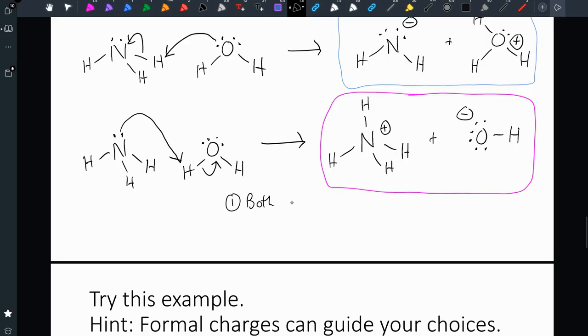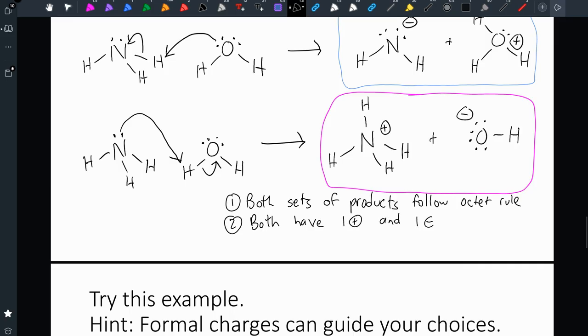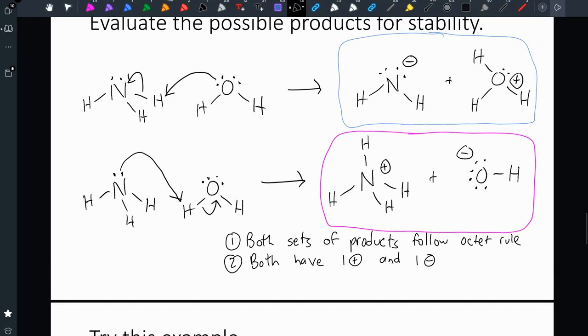Both sets of products follow the octet rule, because each atom has 4 pairs of electrons. Both of them involve 1 positive formal charge and 1 negative. So there's no difference in the amount of non-zero formal charges.